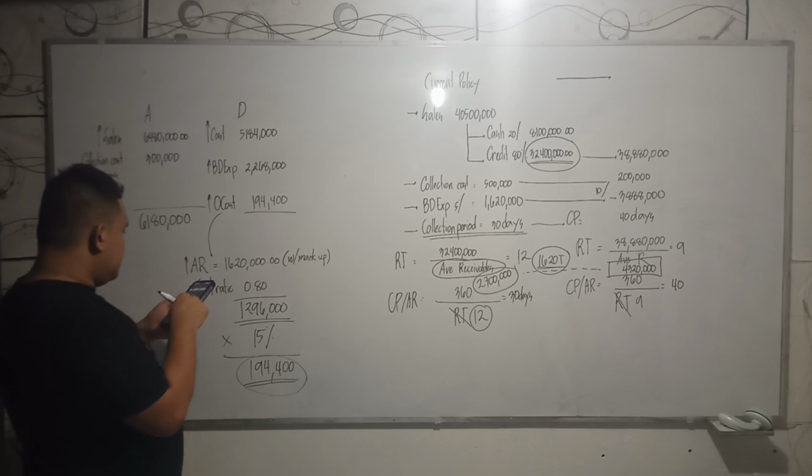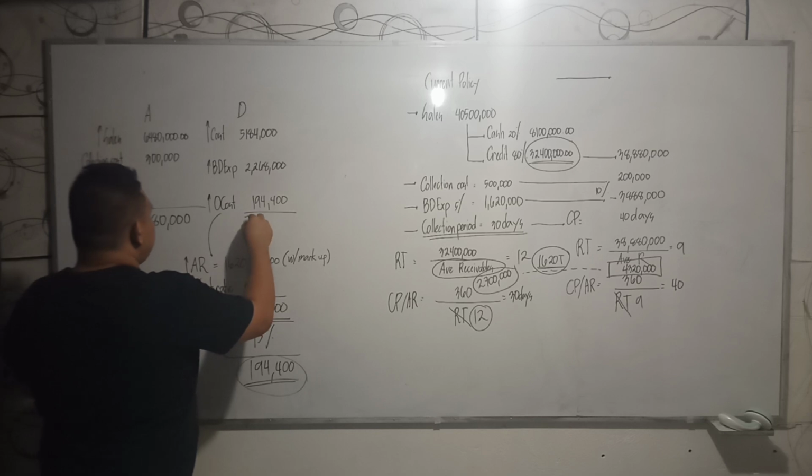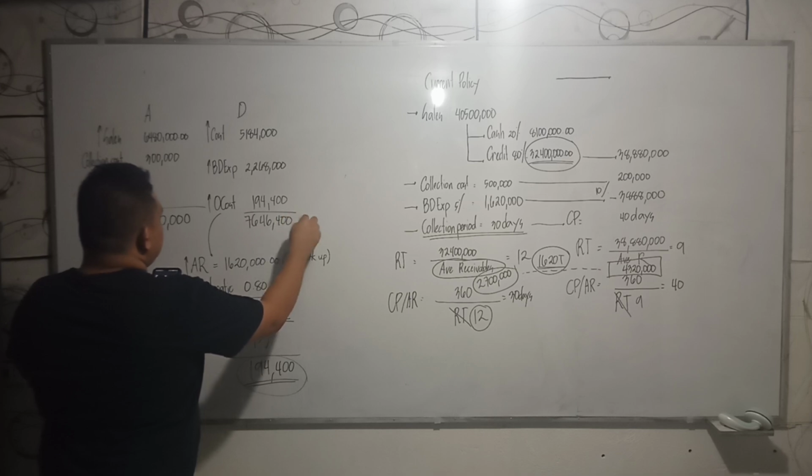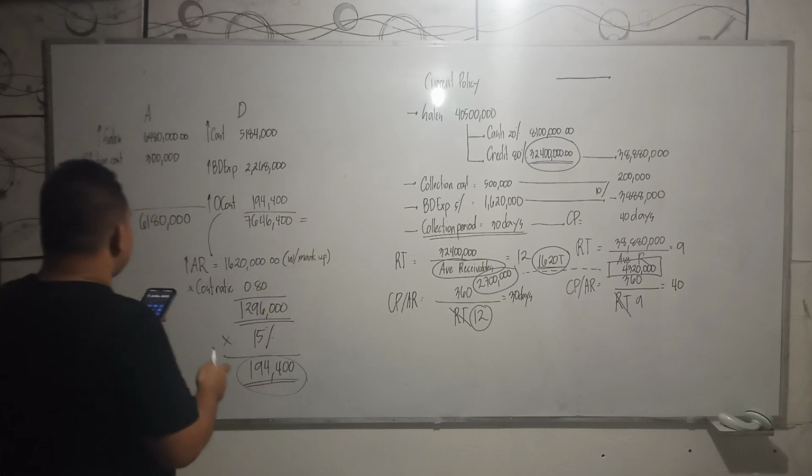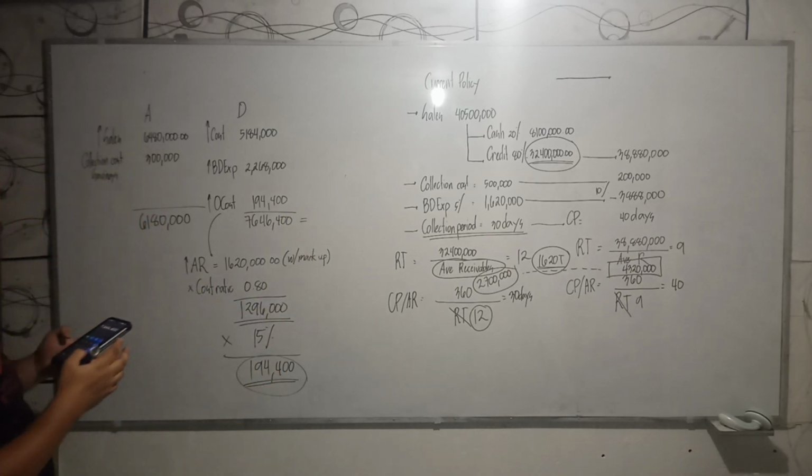Whereas the disadvantage starts with 5,184,000 plus 2,268,000 plus 194,400 opportunity cost, and you will have 7,646,400. So that means the answer will be negative because the disadvantage is much greater.